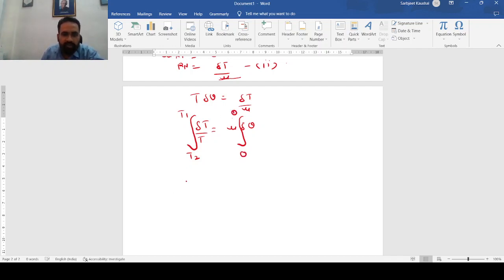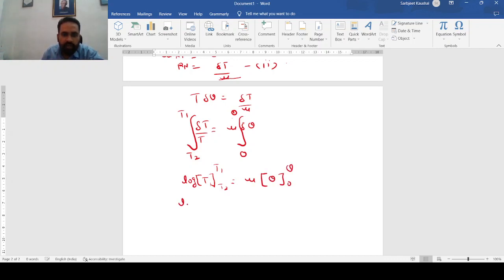So when we solve this equation, 1 by T dT will become log of T between T1 and T2, and it becomes mu theta from 0 to theta.